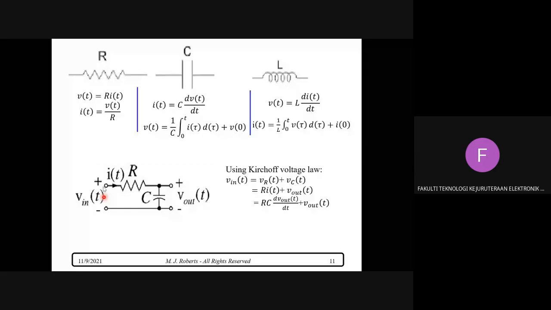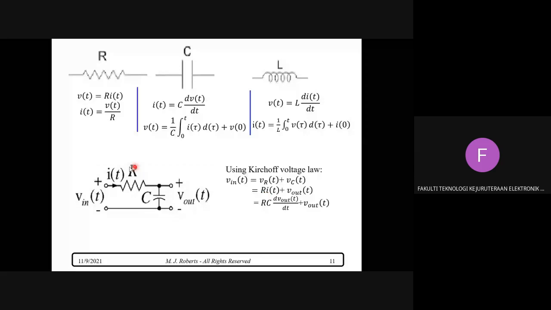So the input voltage equals the voltage across R plus the voltage across the capacitor. You know this is Kirchhoff's voltage law, right?